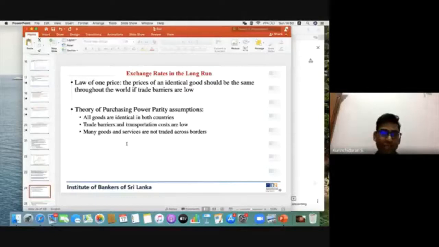These two time periods will normally have two different effects, because in the short run we assume some of the factors are constant. You can't change those factors in the short run. But in the long run, economists always assume all the factors can change. So definitely the effect is going to be different. First, what I'm going to see is what will happen to the exchange rate in the long run.